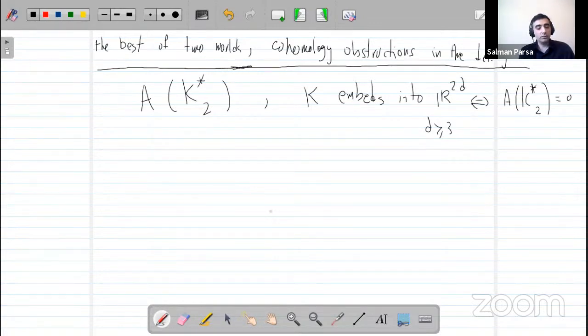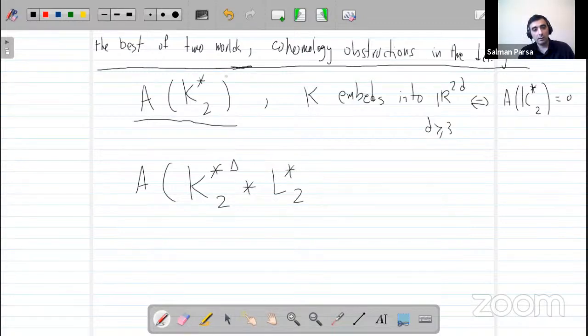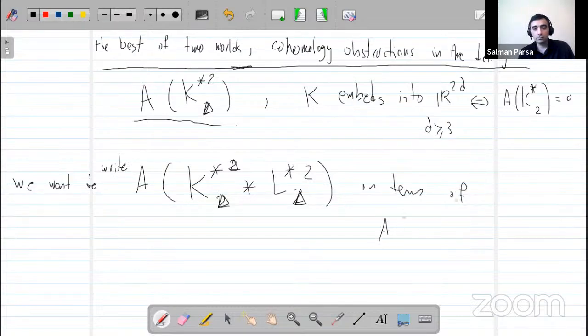For this purpose, we also need to have this property that A is such that we can write A of the join in terms of the factors.